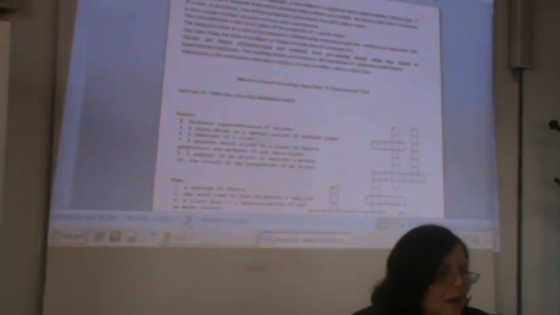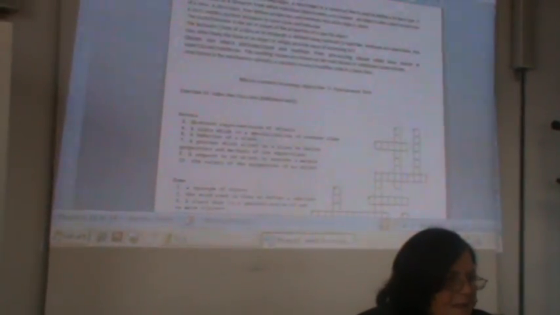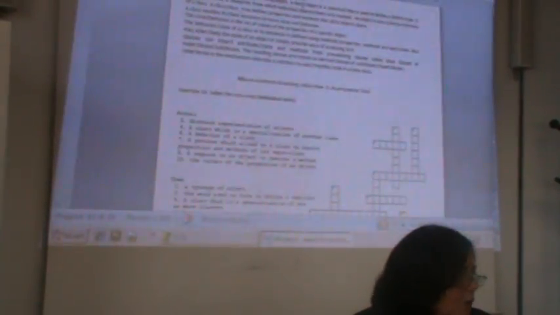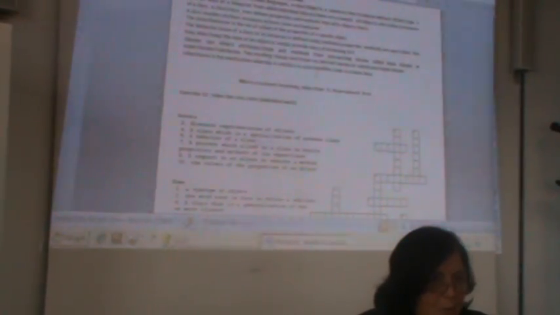Now, consolidation phase. This is an exercise, choose the correct word between two, and here I had a problem with my students, not for contents but for the language.